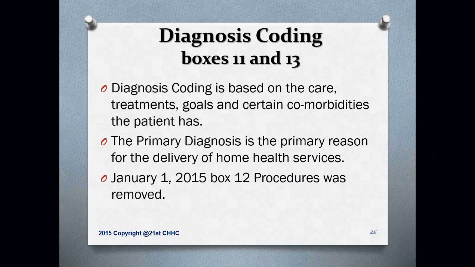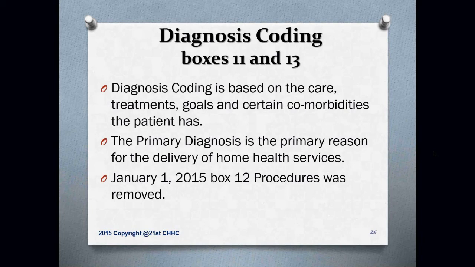Boxes 11 through 13 are your diagnosis boxes. For your first 10, if you don't have the correct diagnosis code, your accrediting body is not going to penalize you for that, but they do want to see that the diagnosis you have listed matches why you're in there and what you're providing for the patient.